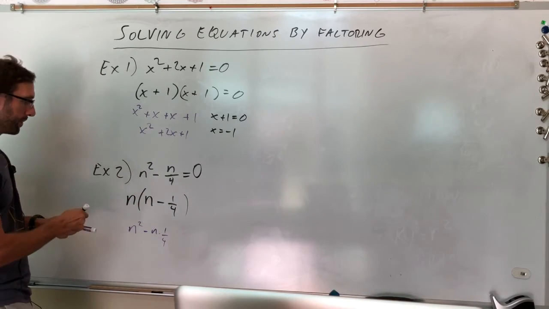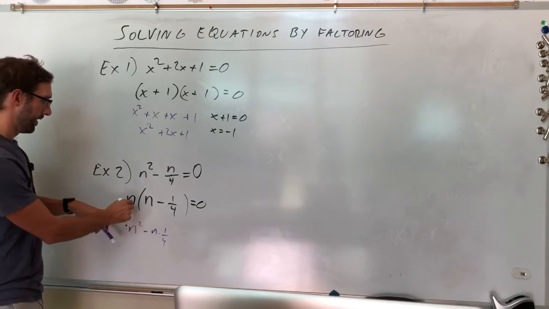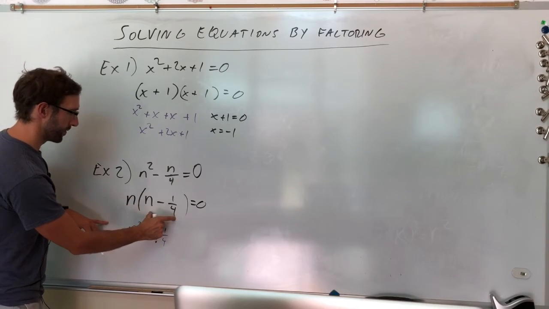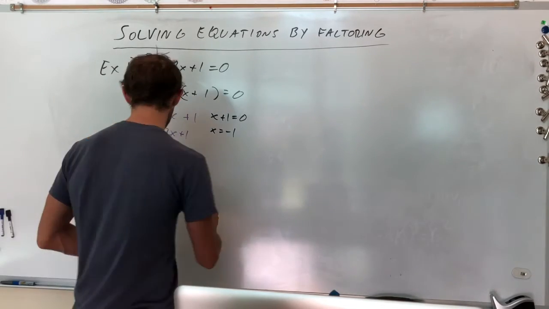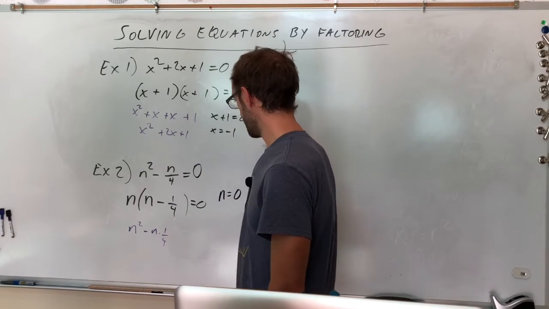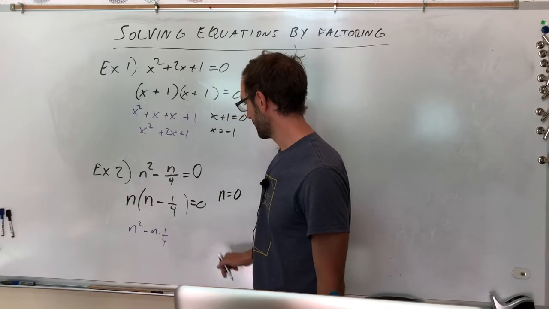Now the bigger thing is we're looking for this to equal 0. Well, that means we're looking at this term being 0 or this term being 0. That will make it work. So n times 0, or n is 0, because if n is 0, it doesn't matter what this is.